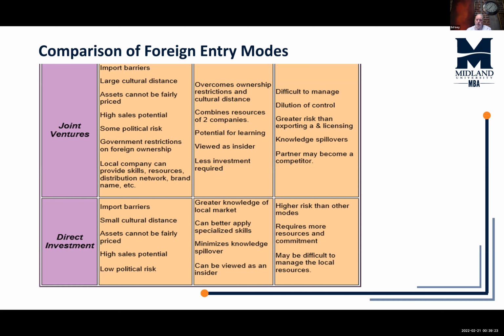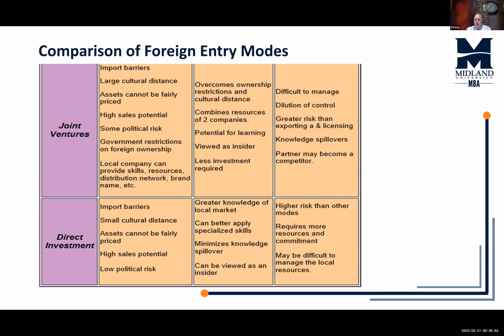As well, we are moving down that continuum. There is greater risk than just exporting and licensing. Why is that? Because there's more investment, and it is leading toward a more permanent solution, as they say, so it's harder to extricate yourself.